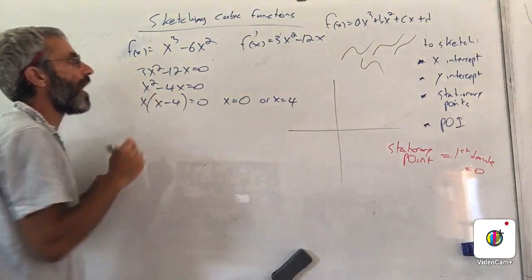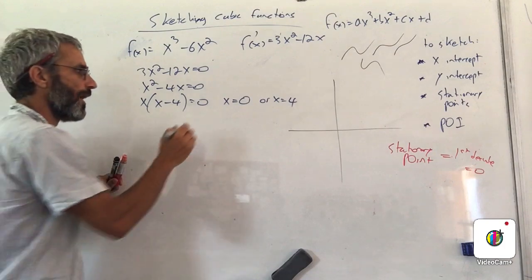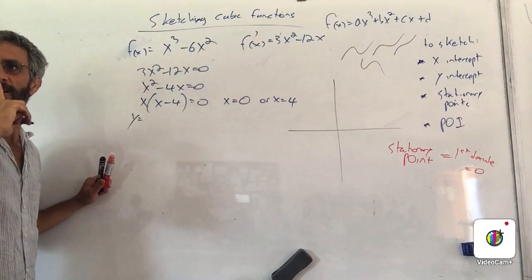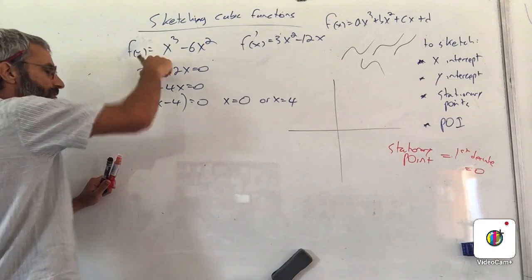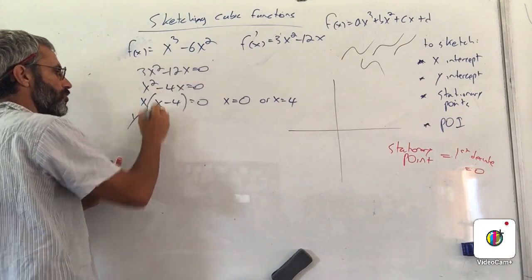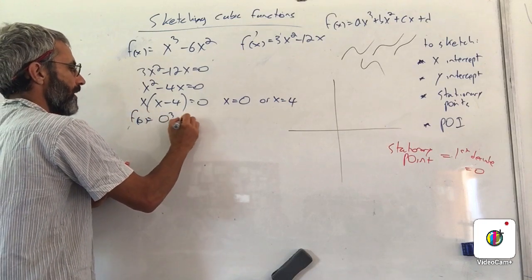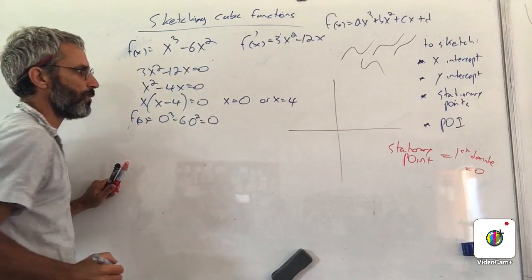Let's find out the y. How would I find the y? Well, I sub it in, where do I sub? Always, if I want to know the y, I sub in the original. So f of 0 is going to be 0 cubed minus 6 times 0 squared, which is 0.